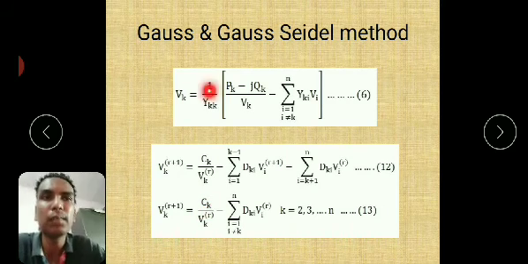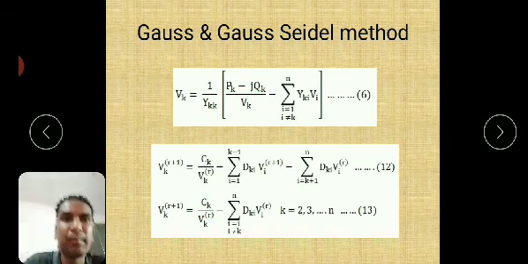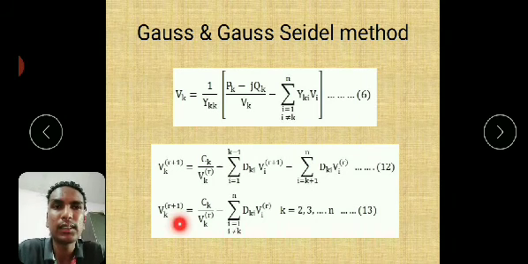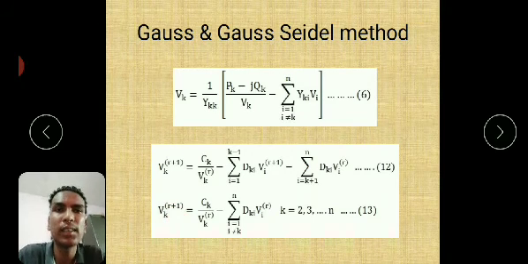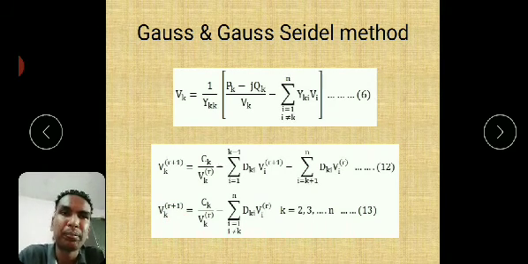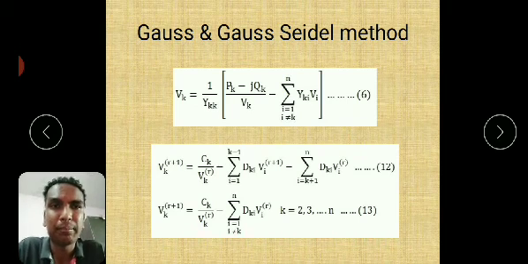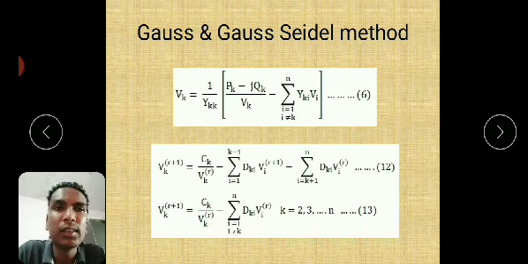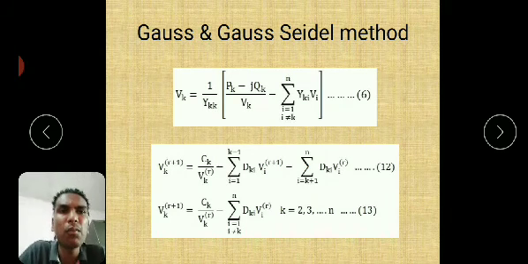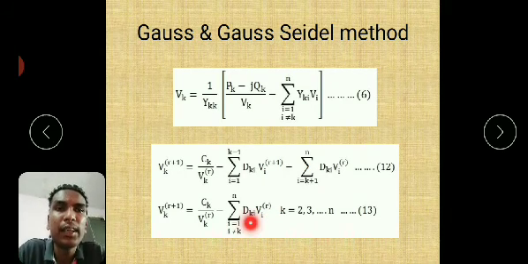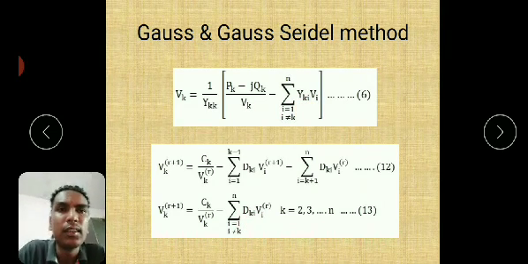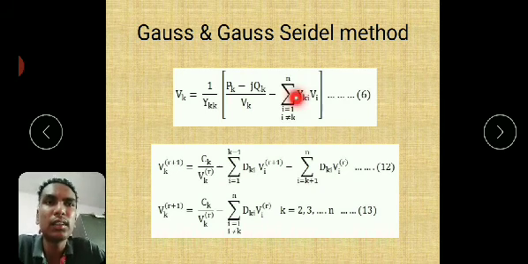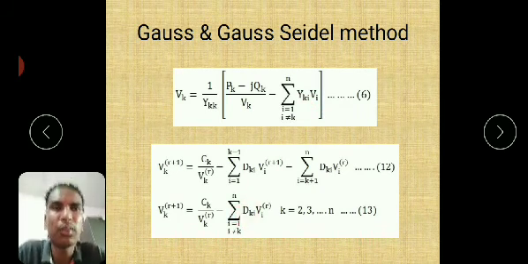Here Ck is nothing but Pk minus jQk upon Ykk. So the iterative value is Vk at r plus 1, where r is the iteration count. So Vk is equal to Ck upon Vk minus the summation of Dki into Vi, where Dki is nothing but Yki. This is the designation difference, but it is the same in both equations.